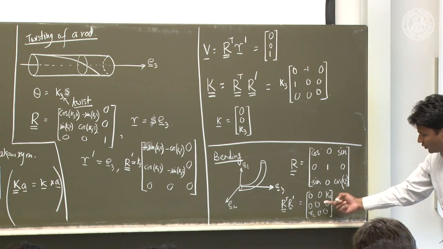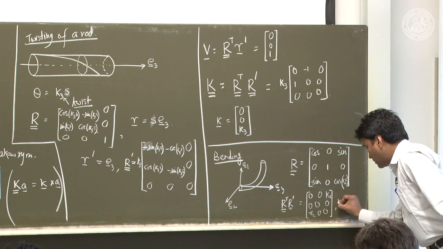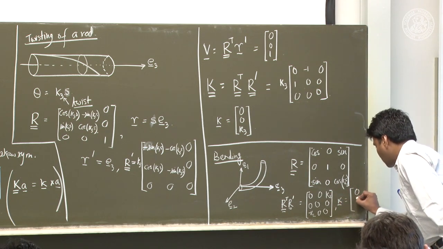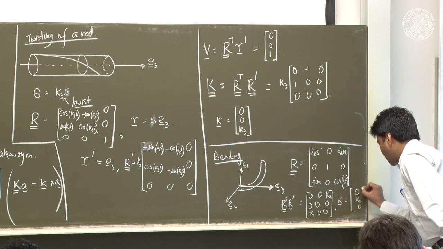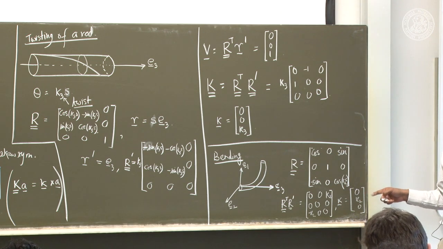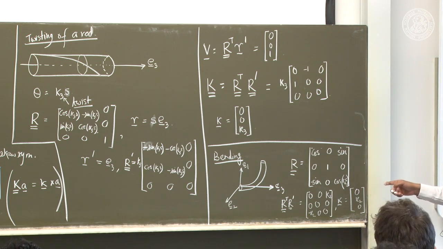And then if you get your axial vector, little k, it comes out to be 0, K2, 0. So which means that the middle component is actually the bending curvature, right? It's the bending curvature about E2 axis.